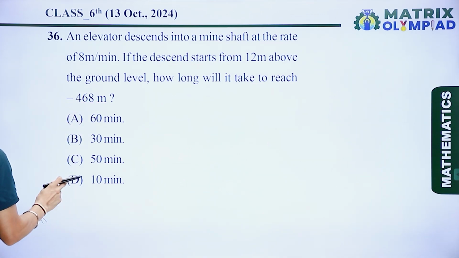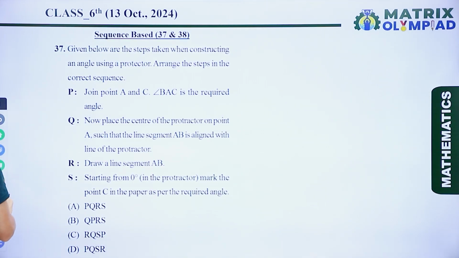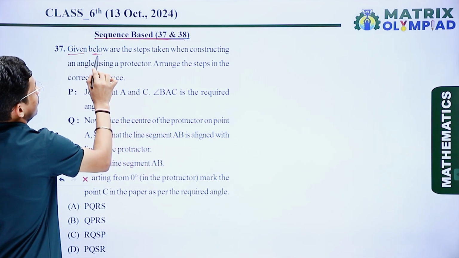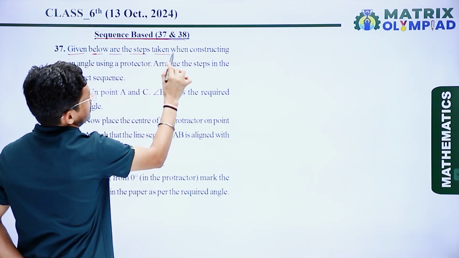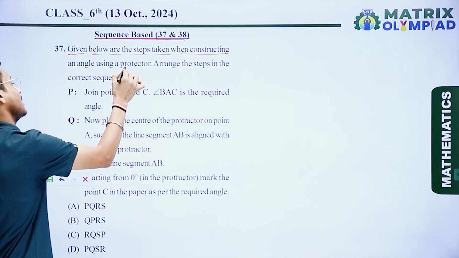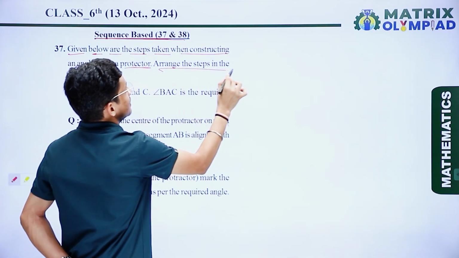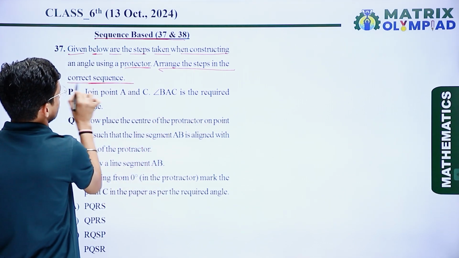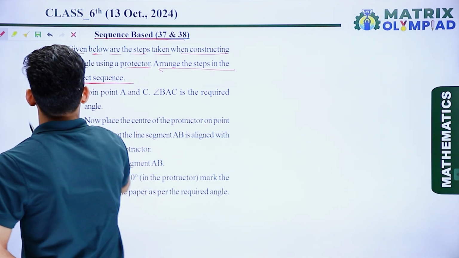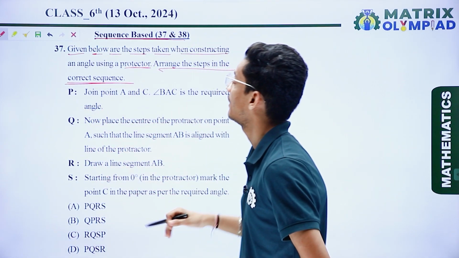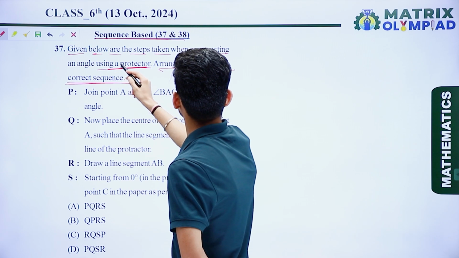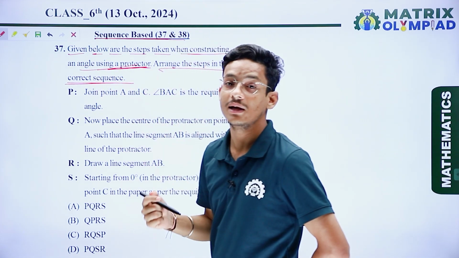So if I talk about the next question, that is sequence based. Given below are the steps taken when constructing an angle using a protractor. Arrange the steps in correct sequence. So here we have given 4 steps, that is P, Q, R and S, and we have to arrange them for constructing an angle using a protractor.